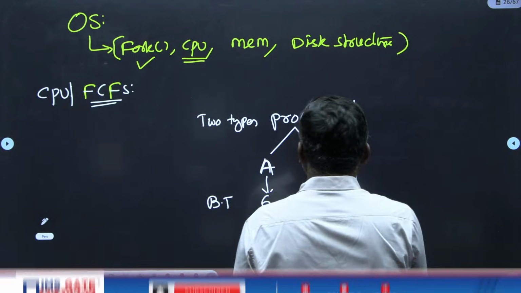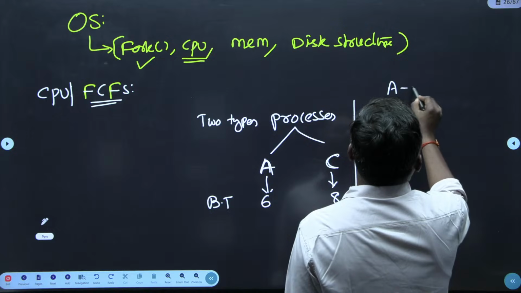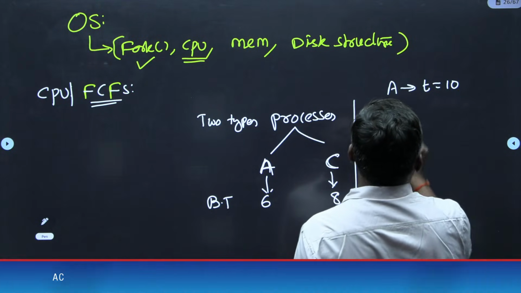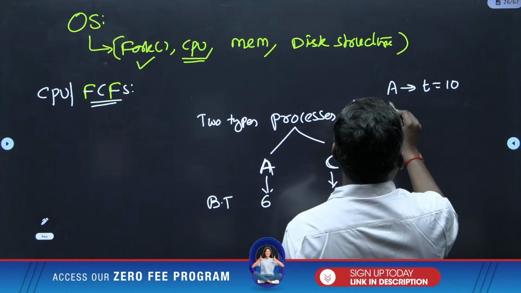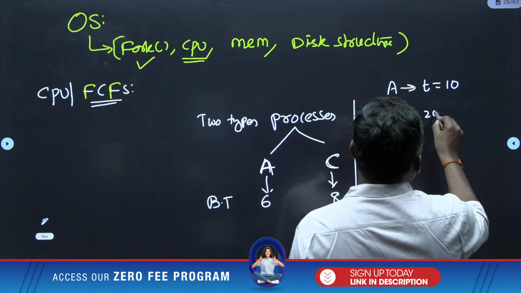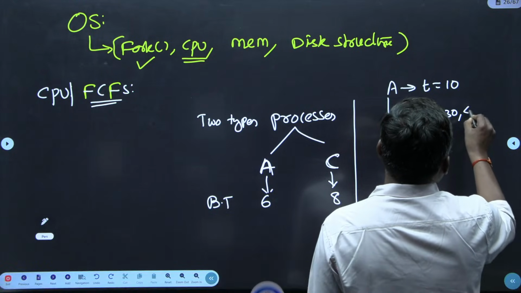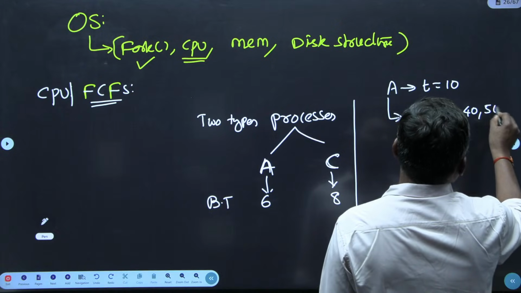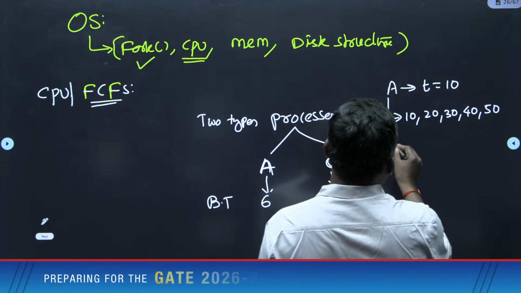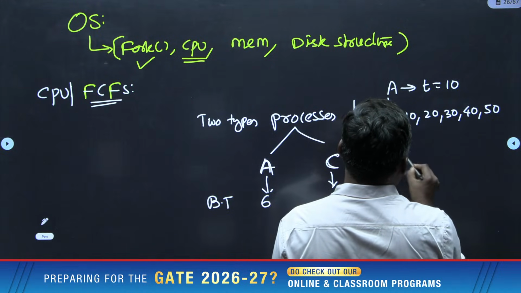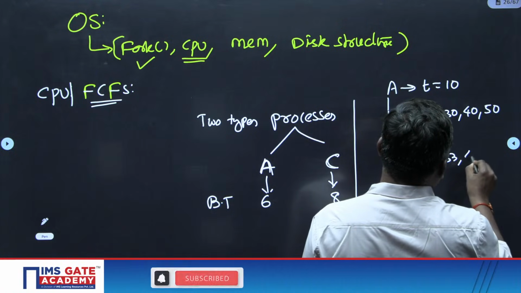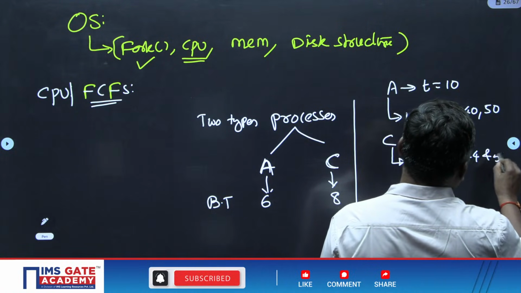Now this process A arrives at time T equal to 10. After that, A comes at 10, 20, 30, 40, 50, so 1, 2, 3, 4, 5. The C comes at intervals 11, 22, 33, 44 and 55.